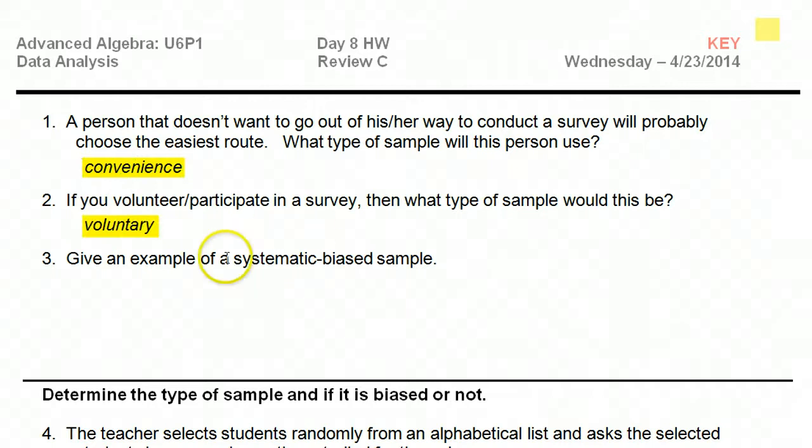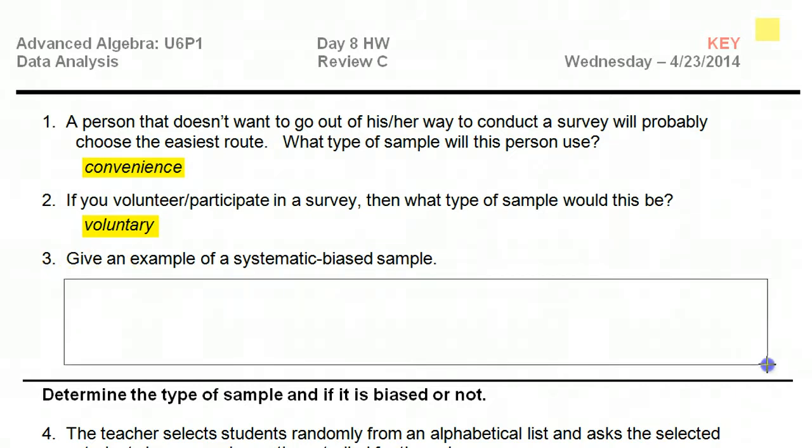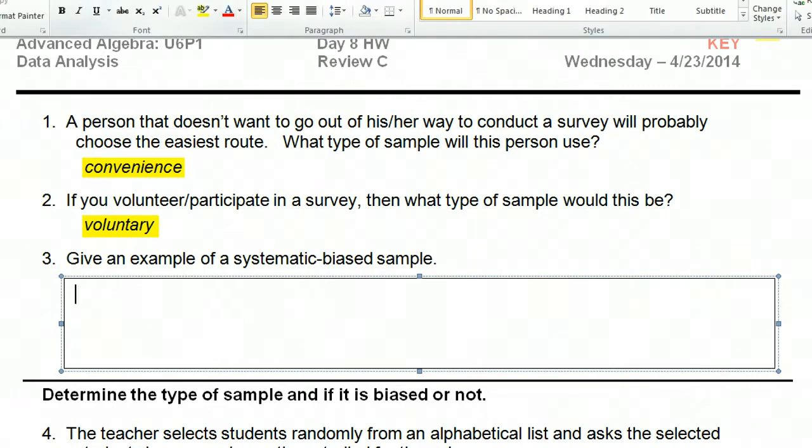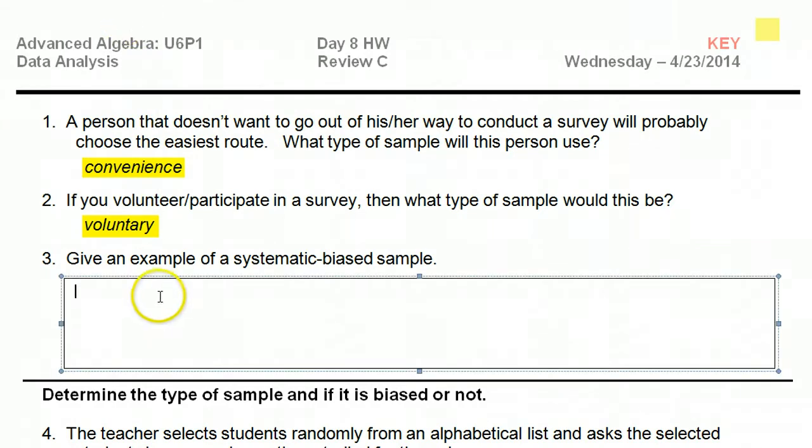All right, give an example of a systematic biased sample. Now, systematic is not automatically biased, so I'm going to have to add in something extra to make it biased. So first of all, the systematic part. Systematic is when you're picking like every 5th person or something like that.